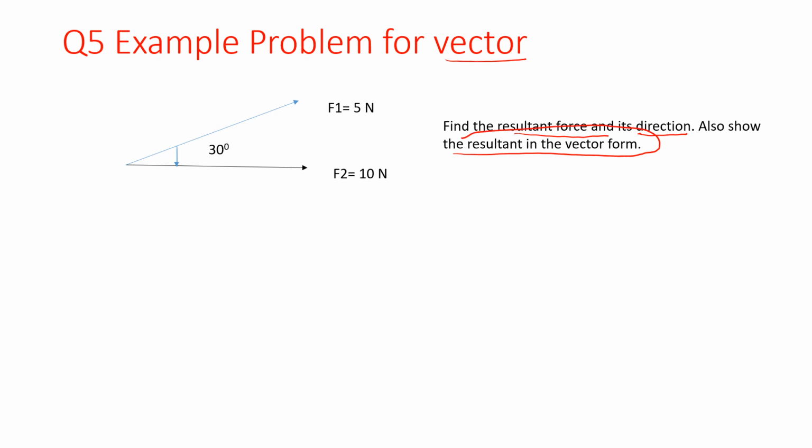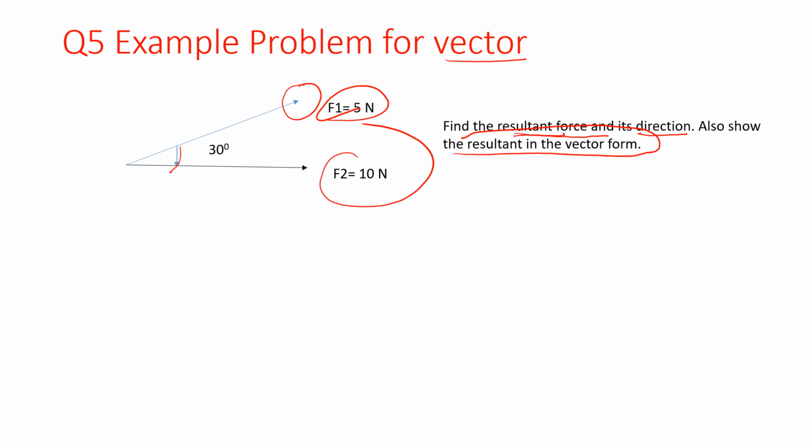These are the forces here. F1 is 5 Newton, which is at 30 degrees to the horizontal, and F2 is 10 Newton. So that's what is given here. The goal is to calculate the resultant force and its direction. That's what we need to find out.